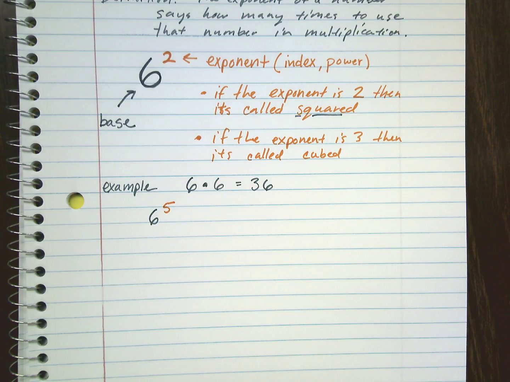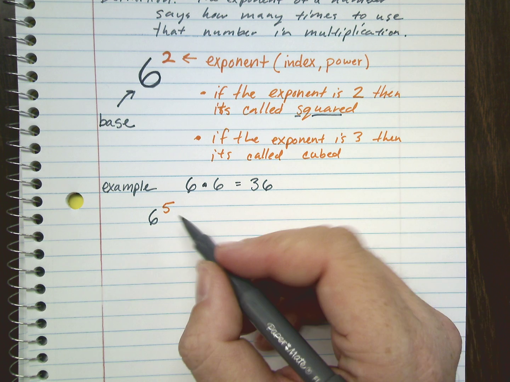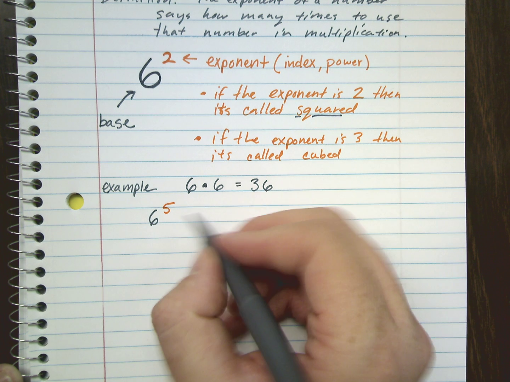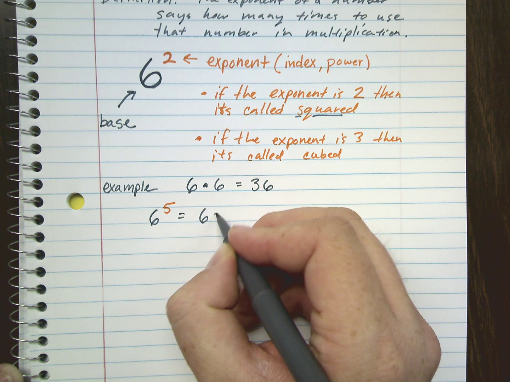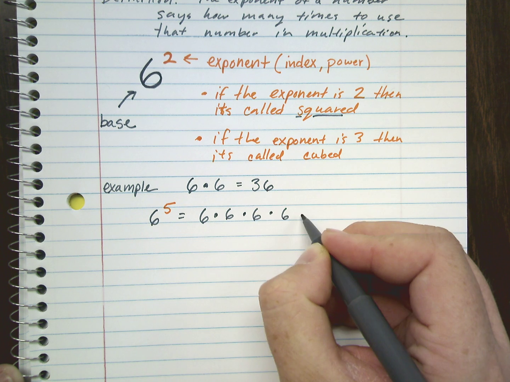Sometimes we'll say 6 to the 5th or 6 to the 6th, whatever it is up in the exponent. 6 to the 5th is the same thing as 6 times 6 times 6 times 6 times 6.